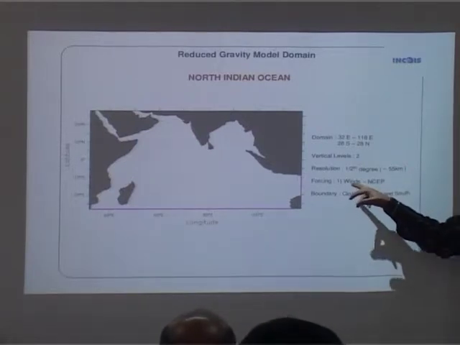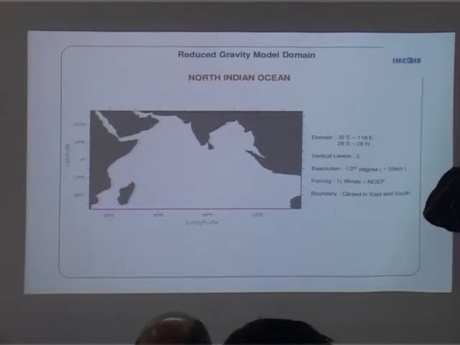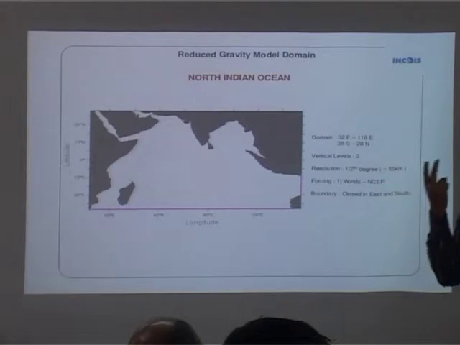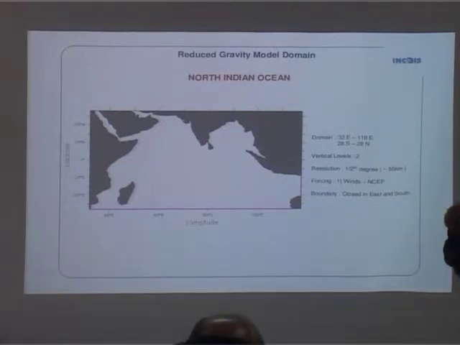We force the model with winds taken from NCEP. And I forgot to mention, normally in ocean state forecast, you give forecasts for the 2 currents, sea level anomaly, temperature and salinity. But in this model, we are not including temperature and salinity, for simplicity. Just the 2 currents and the sea surface height anomaly.